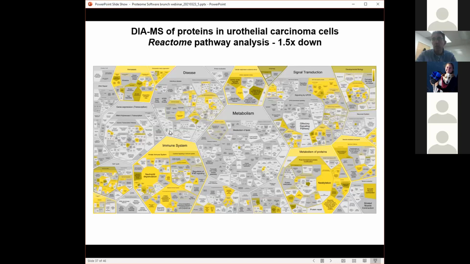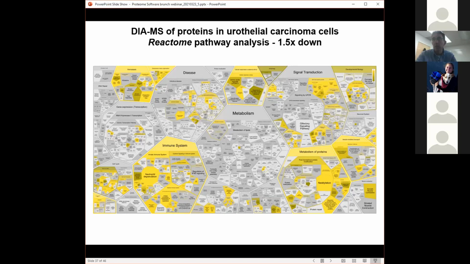This is the foam Reactome image, where the size of a block corresponds to the number of reactions of proteins inside. And the lighter the yellow, the more of your submitted proteins that are overrepresented.